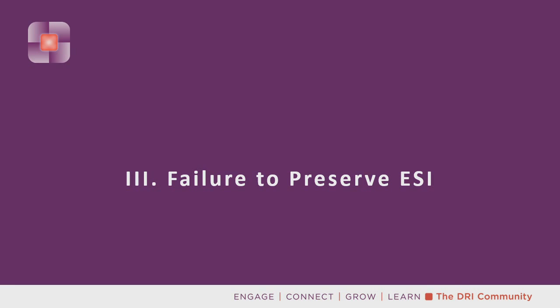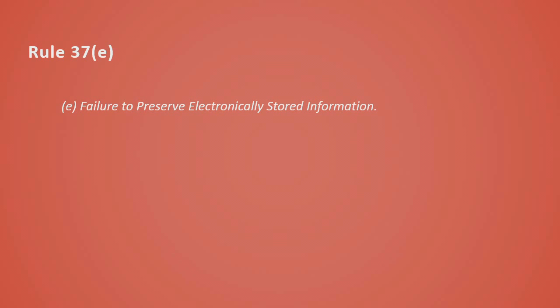I want to switch now to another major theme that Judge Grimm mentioned about the rules, and that is the new rule about failure to preserve electronically stored information. Unlike the other rule amendments, this one is a brand new rule, and it is 37(e).